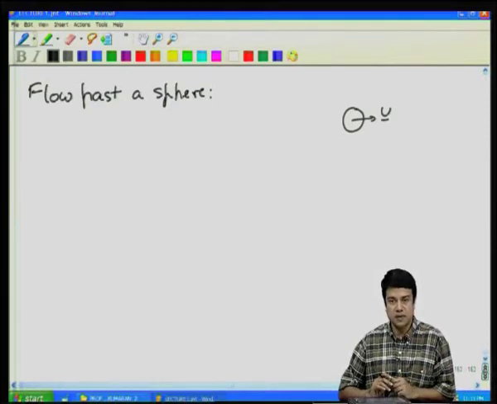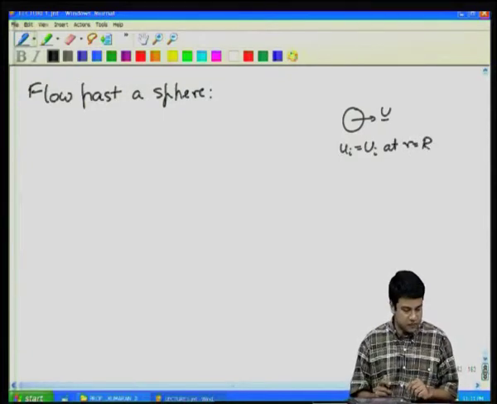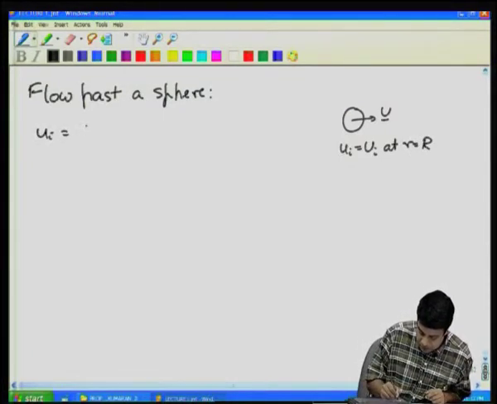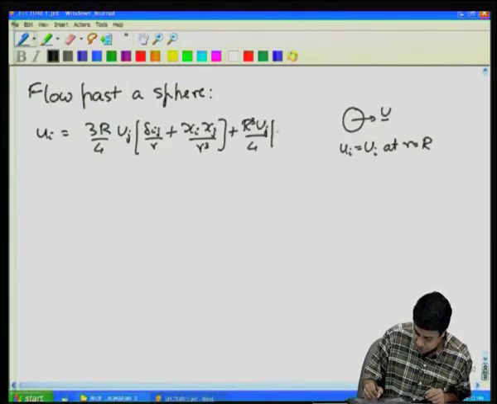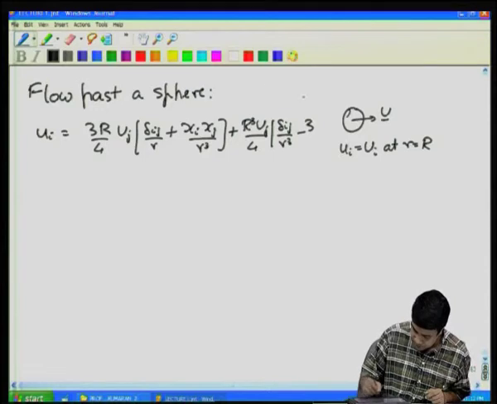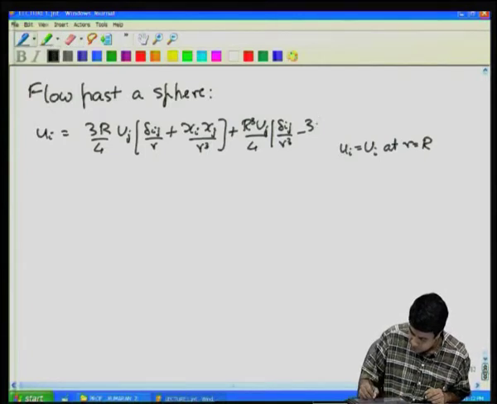Just based upon these simple considerations and the requirement that the fluid velocity has to be equal to the particle velocity at the surface of the sphere, we had actually calculated the velocity field, 3 r by 4 u j into delta i j by r plus x i x j by r cubed, plus r cubed u j by 4 into delta i j by r cubed minus 3 x i x j by r power 5.